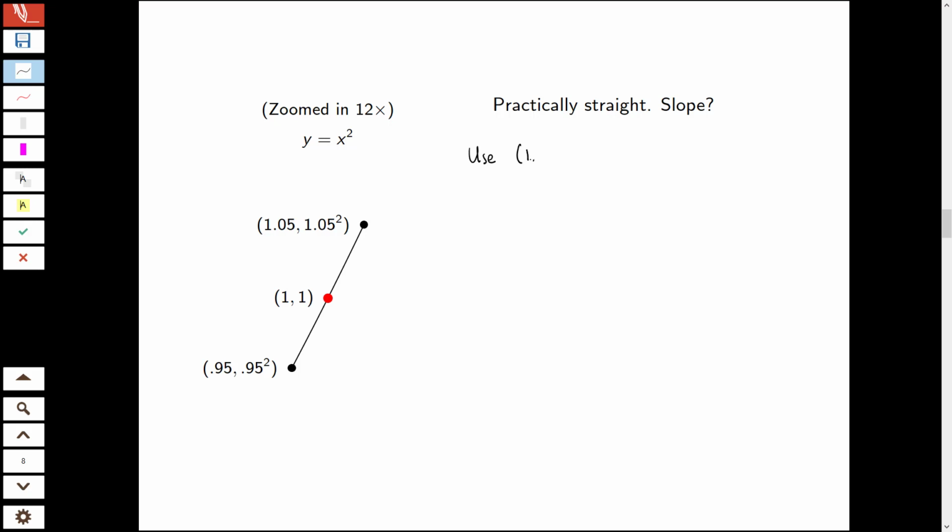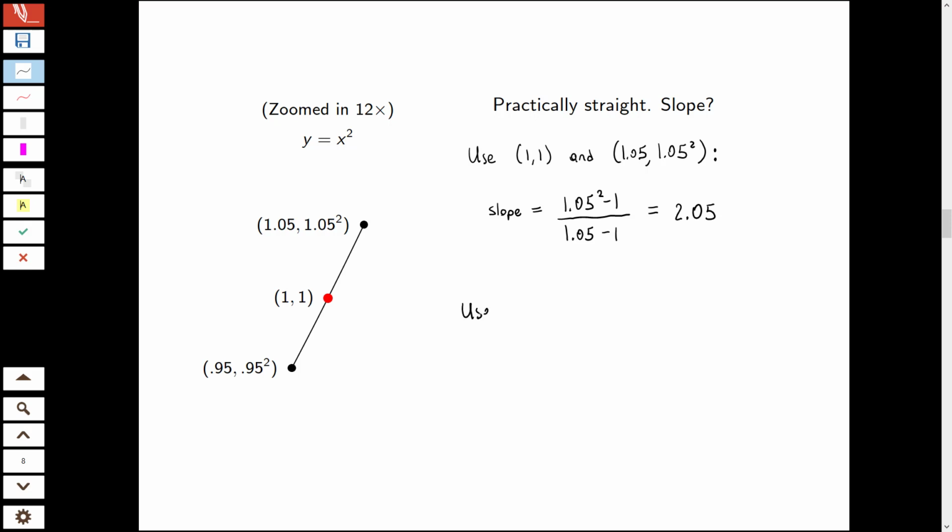So if I use the points 1, 1, and 1.05, 1.05 squared, we would find the slope is, again, the change in y over the change in x. And using a calculator, you can find that this would be equal to 2.05.